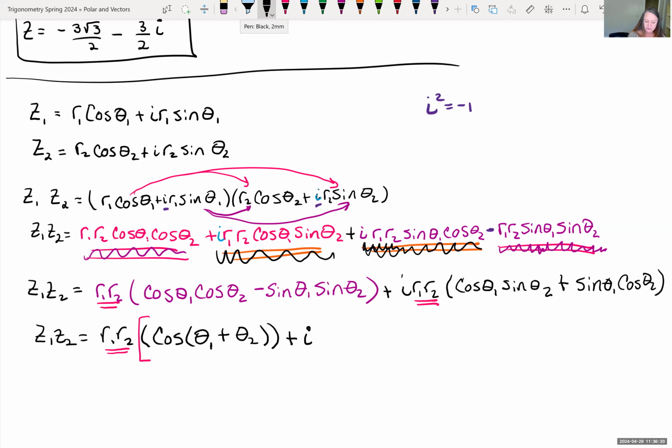The second part, sine cosine plus cosine sine, is the sum of two angles for sine, so this would be i sine of theta sub 1 plus theta sub 2. So multiplying two complex numbers, here's our formula.